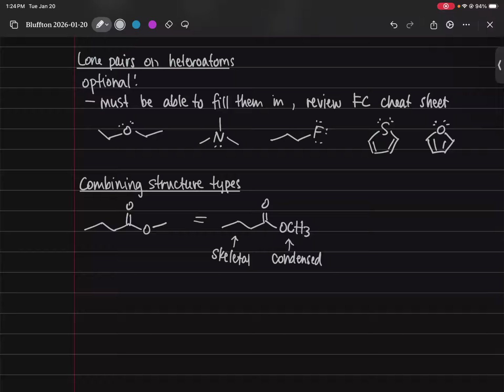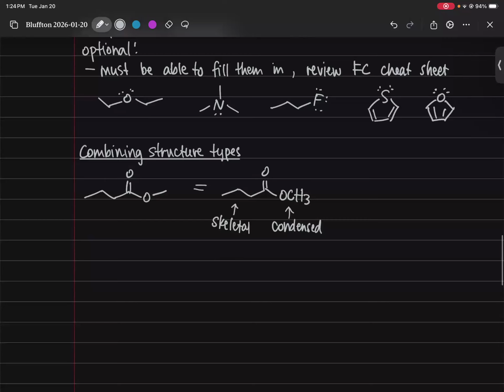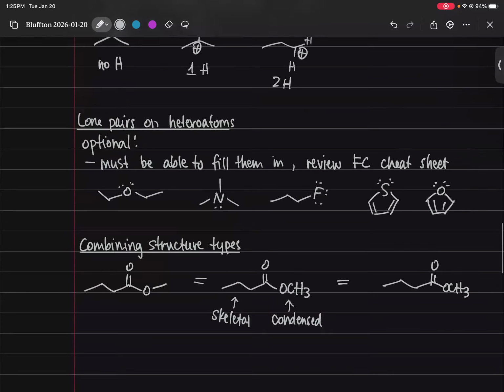So some people, not including myself, because I'm lazy, will argue that you should draw out that carbon explicitly. So I'm going to draw OCH3. And on the left side of that molecule, you can also put in the CH3.